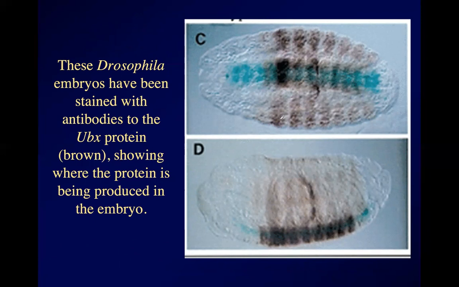And you can see the brown areas are the areas where UBX is being produced. So that's how we can map in what parts of an embryo is a particular gene being expressed. When does that gene become actively expressed, and when does it stop being expressed? We can answer that by using immunological stains like this.